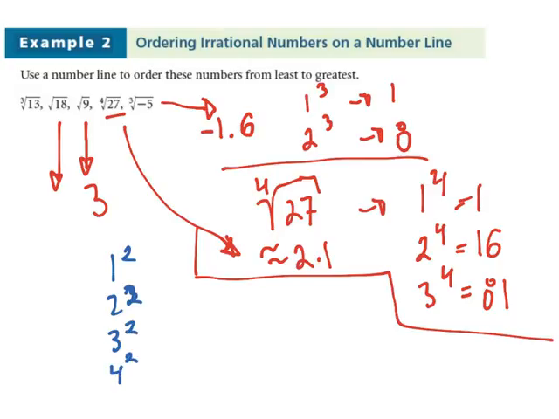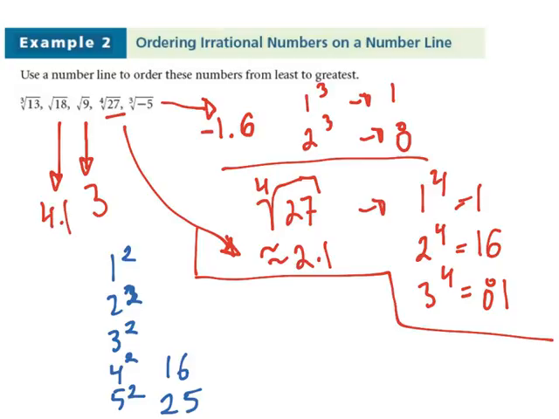So we know that 4 squared is 16, and 5 squared is 25. So the square root of 18 is going to lie somewhere between 4 and 5, and it's closer to 16 than it is to 25, so it's roughly going to be, I think, 4.1. So again, this is without using a calculator.